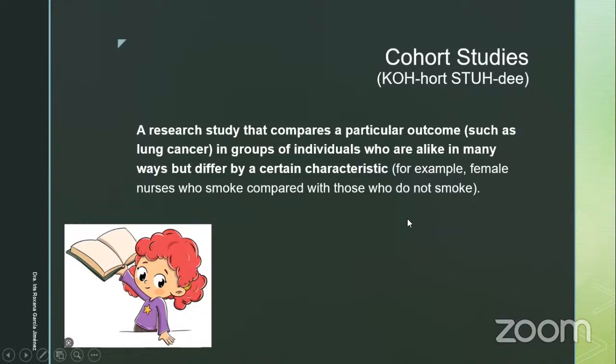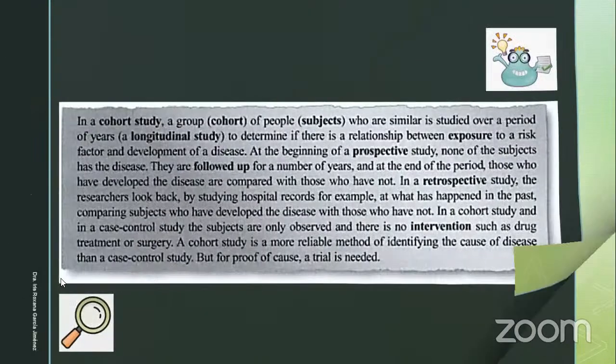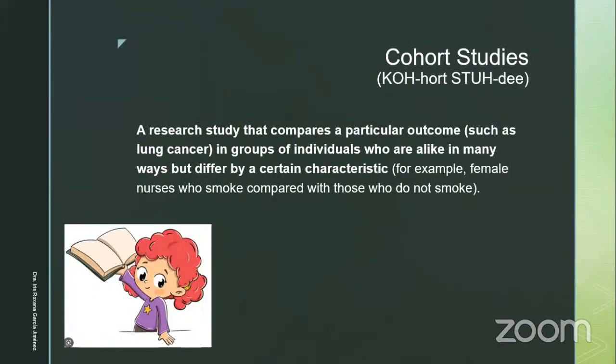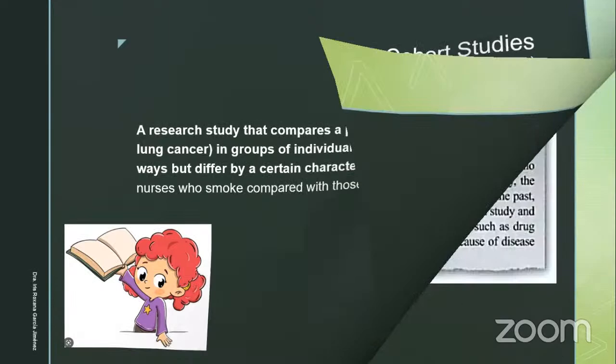I mean, we compare from the differences, not the similar ideas as the case control. We take into account the gender, following this example, and the profession, but we make a specific point of view that differs, that makes a difference between both of them: the smoking habit.